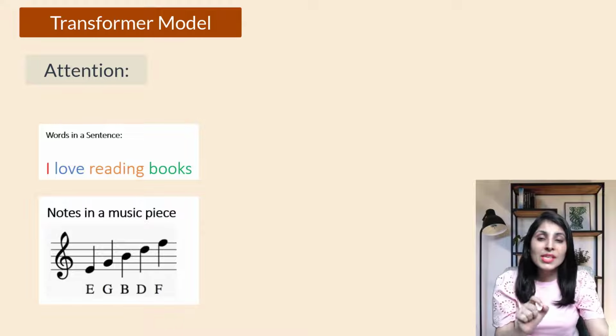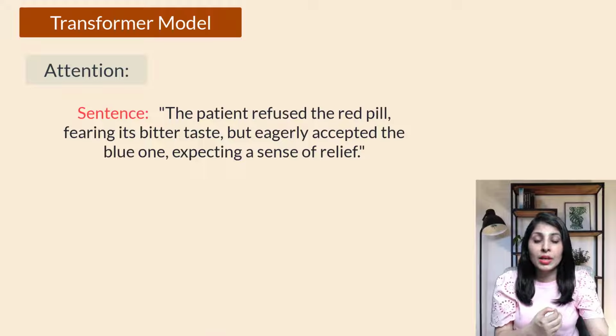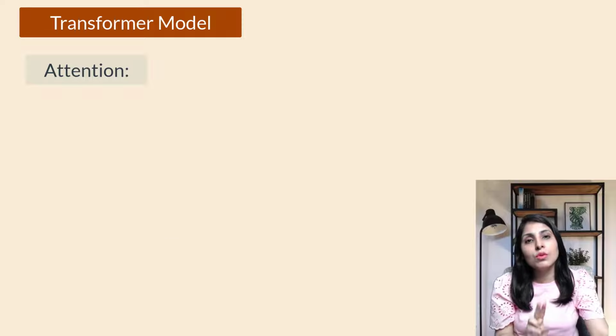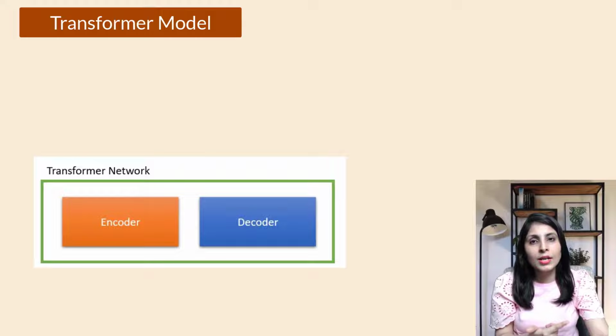So this ability to capture long range dependencies is what makes transformer network powerful for tasks like language understanding, where the meaning of a word can depend on words that appear earlier or later in that sentence. Okay, so transformer network consists of two main parts, which is encoder and decoder.